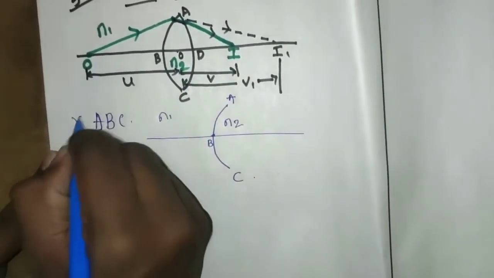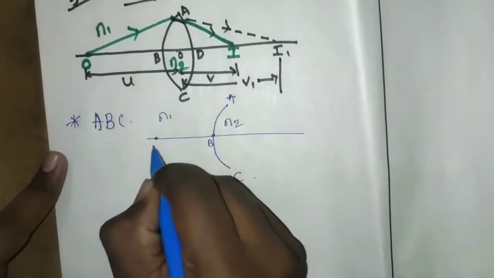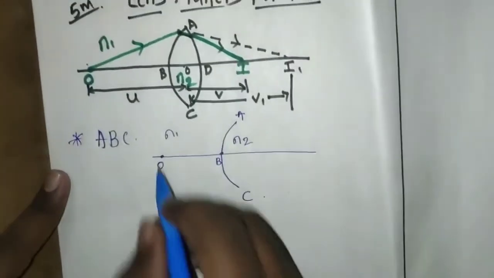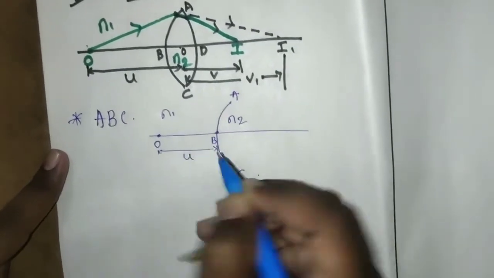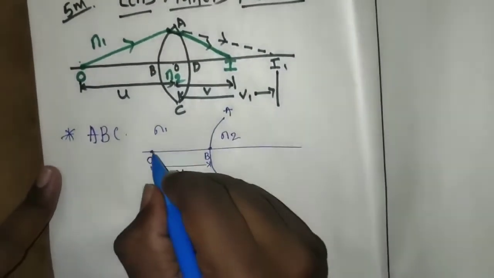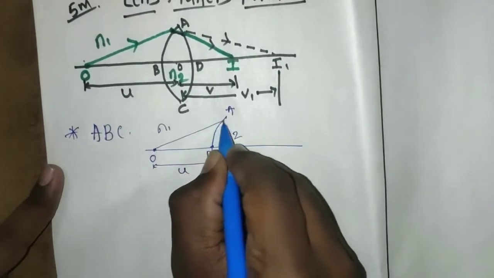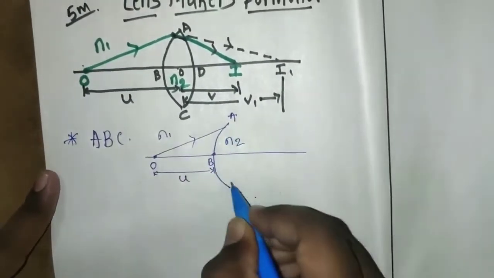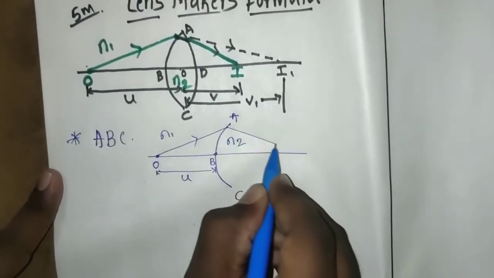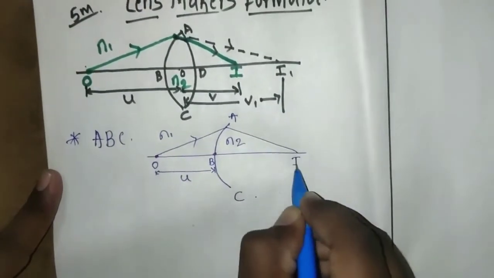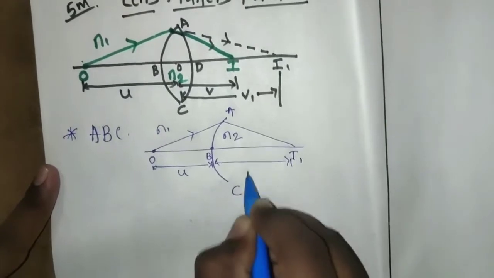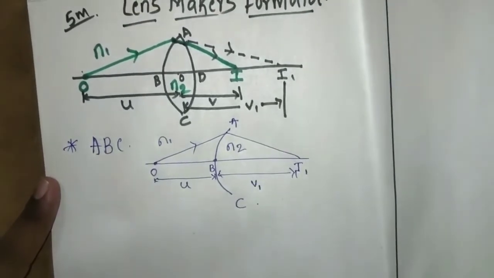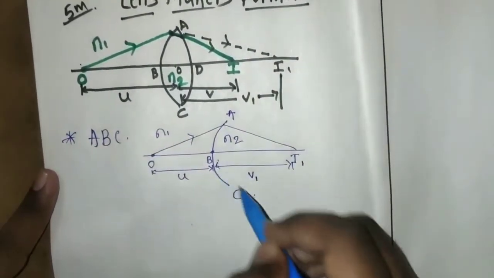Now I will place an object O at a distance U, the object distance. When the incident ray passes through this surface ABC, it forms an image I1. This distance is V1, the image formed due to the surface ABC.